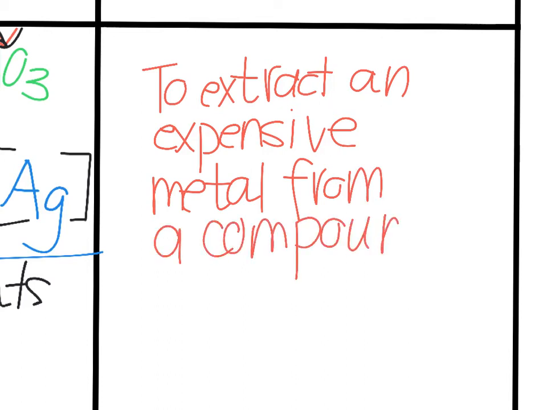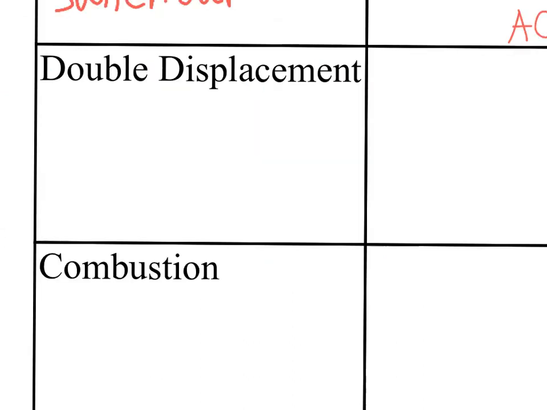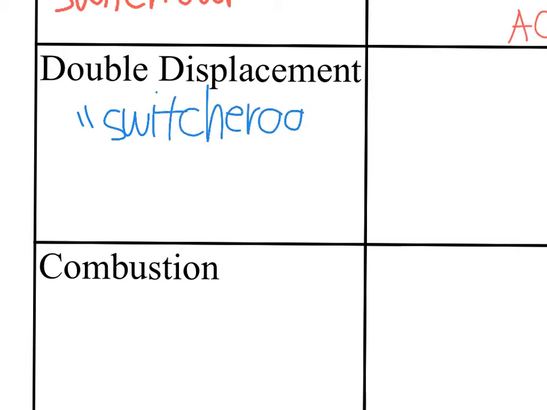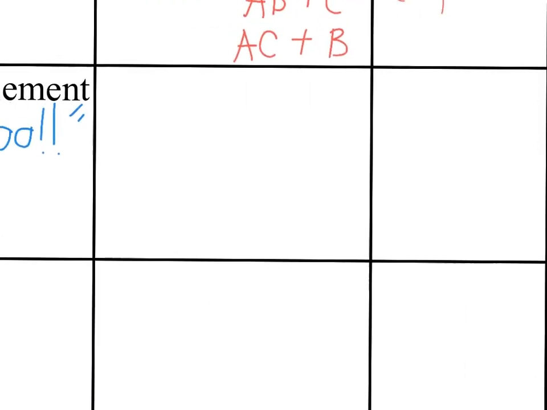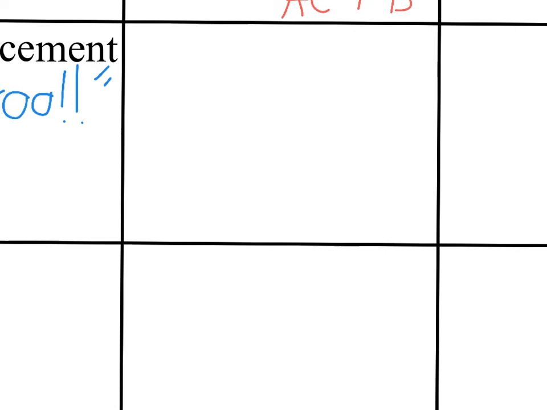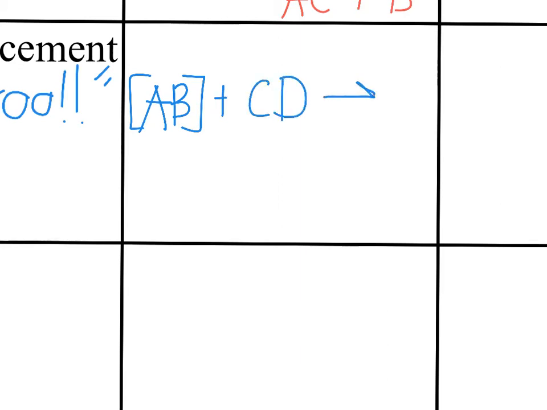Alright, let's move on to double displacement. So double displacement, if single displacement was to bump out, we're gonna switcheroo. That's another easier way. So what would our general formula look like? A B, so they're together, plus C D, they're together.